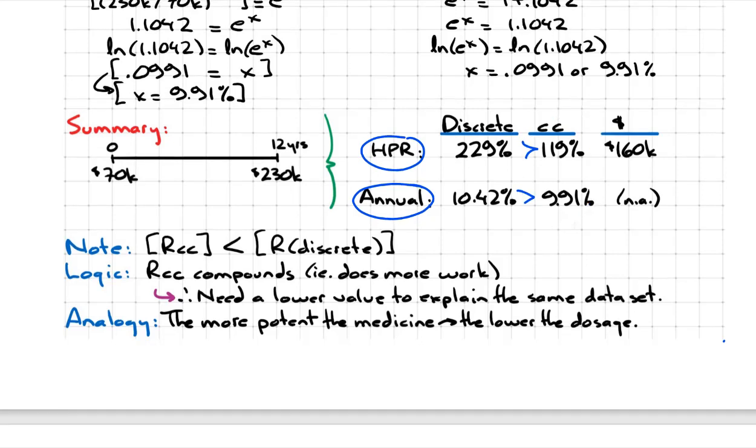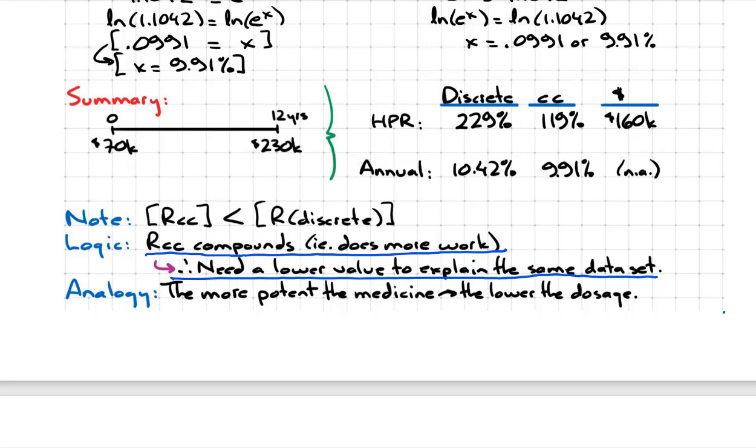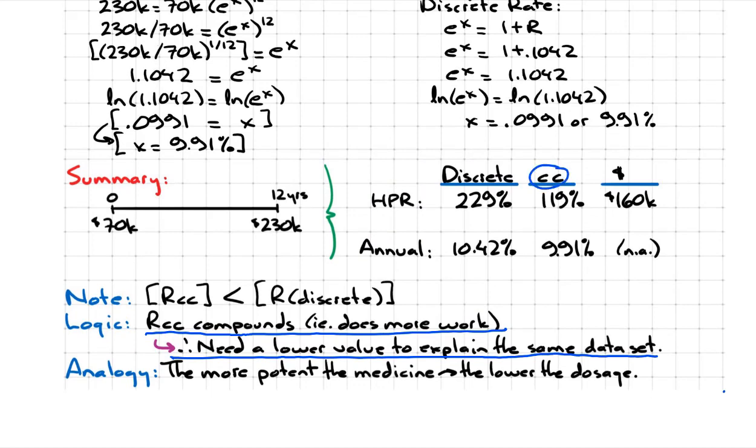Here's the logic. The continuously compounded rate compounds more, in other words, it does more. Therefore, you need a lower value to explain the same data set. I like to think of it this way: this here is doing more work because it's compounding more, so you need less of it to explain the same data set. And you can see that it is the same data set.